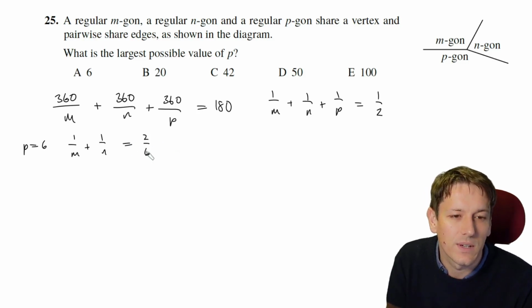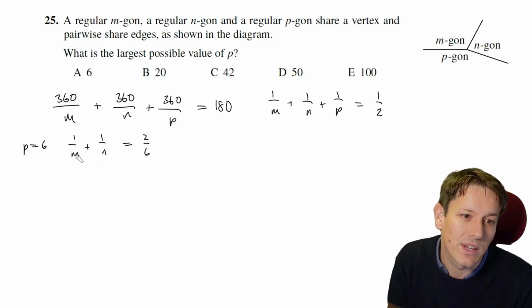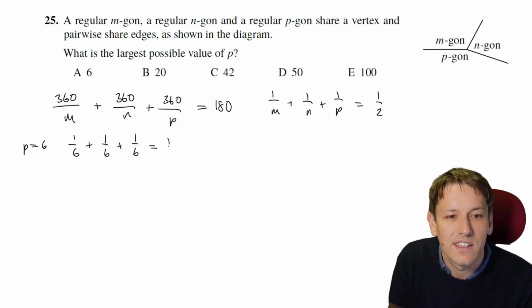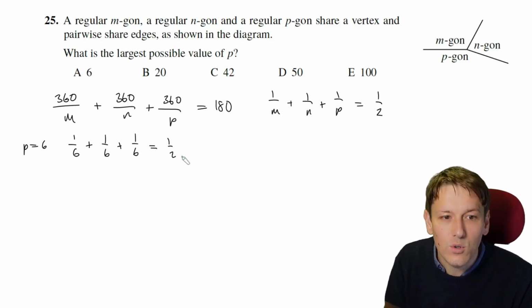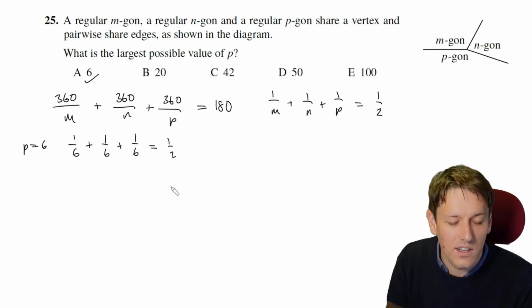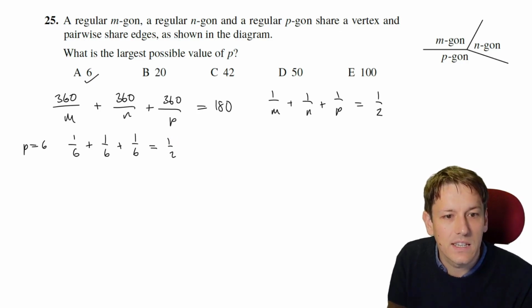So I'd need these two add together to give 2/6, and then we can easily do this by just taking m and n to both be 6. So I'd get 1/6 plus 1/6 plus 1/6 is equal to 1/2. So I could just have 3 hexagons all meeting together. So A is certainly a possibility here.